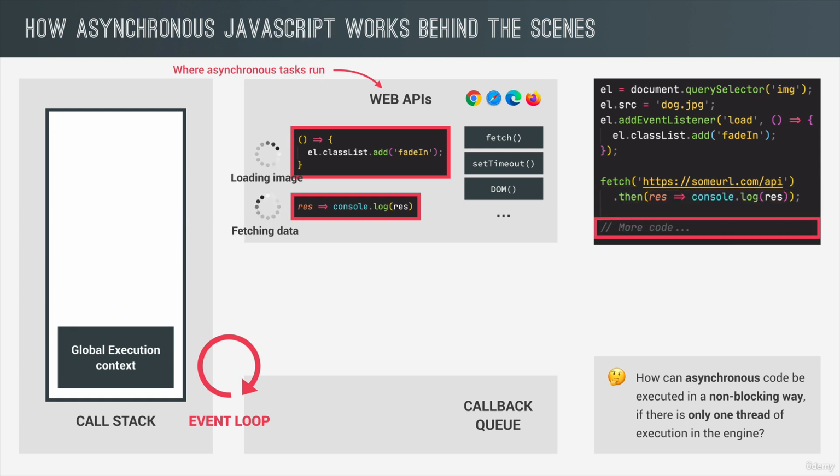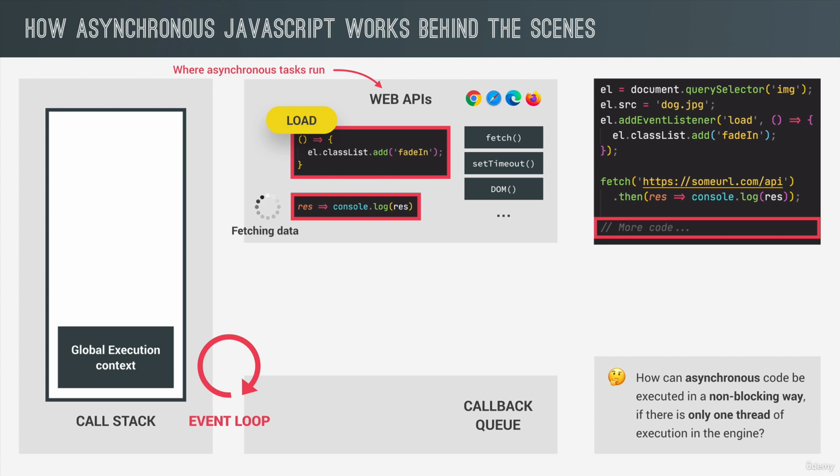So with this, we have now executed all the top level code, so all the code that is not inside any callback function, in a synchronous way. We also have the image loading in the background and some data being fetched from an API. And so now it's time for this to get really interesting. Let's say the image has finished loading and therefore the load event is emitted on that image.